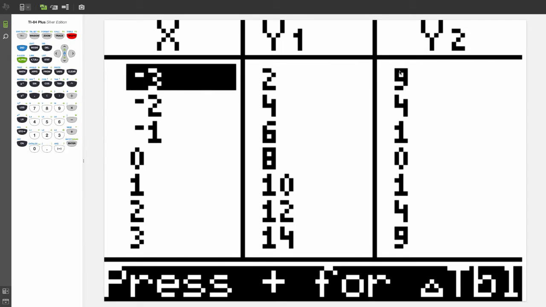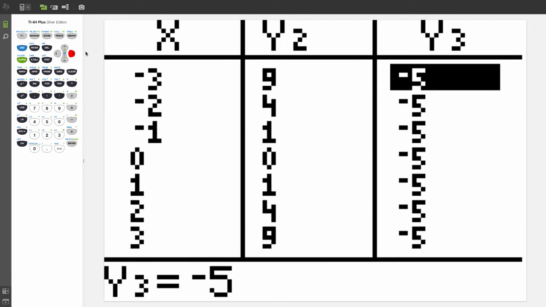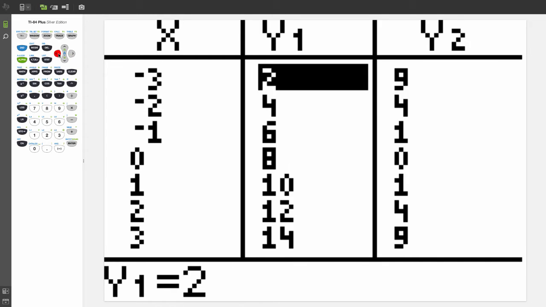For the second function, which was the parabola, here are the values we can plot. And if you arrow over to the right, you can find our third one, which is kind of funny. They're all -5, but that's because it's a line, y equals -5, so you should expect that. So no matter where you go on your domain, we're just going to plot -5s. And that's it. So I would use all this information to plot what I wanted.